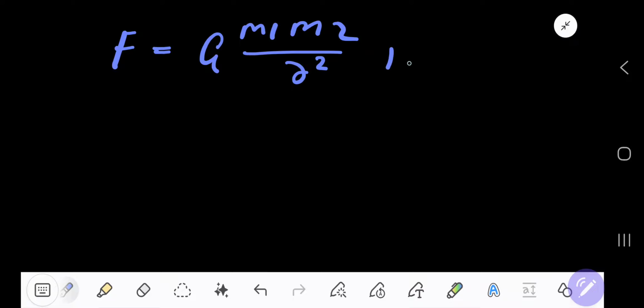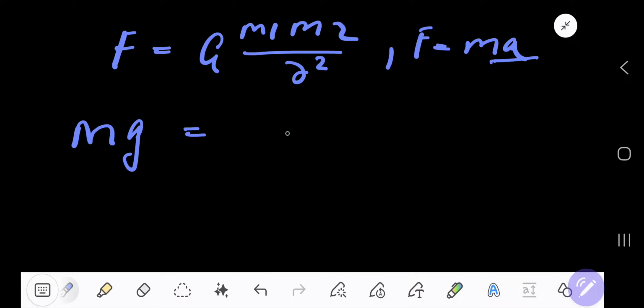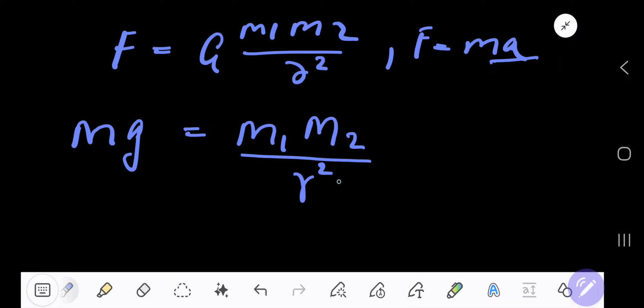You might be wondering how we got the value g, so I'm going to tell you that. We know that F equals G m1 m2 divided by r squared. We also know F equals ma, where a is acceleration. On earth, we call a as g, which is acceleration due to gravity. So we can rewrite this as mg equals G m1 m2 over r squared.